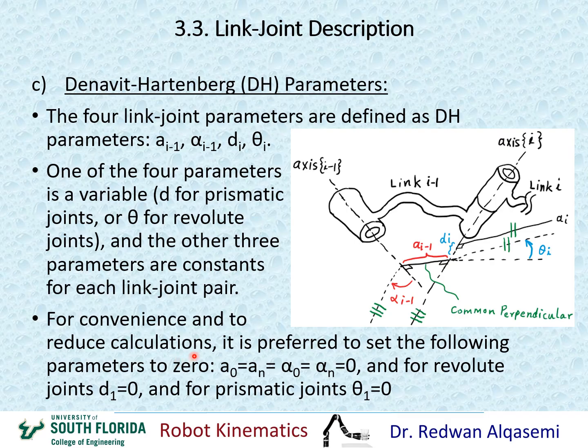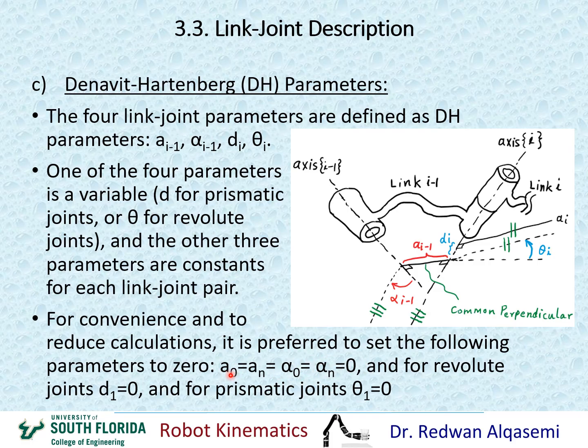Now, I want to add this here just to tell you about some convenient ways to reduce calculations later on down the road. It's always good to design, once we attach our frames, which we're going to see in later slides, to set a_0 and a_n and alpha_0 and alpha_n to zeros.